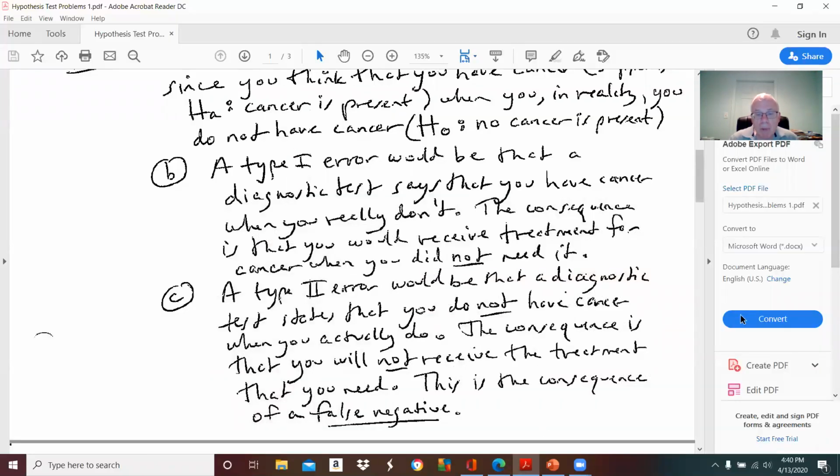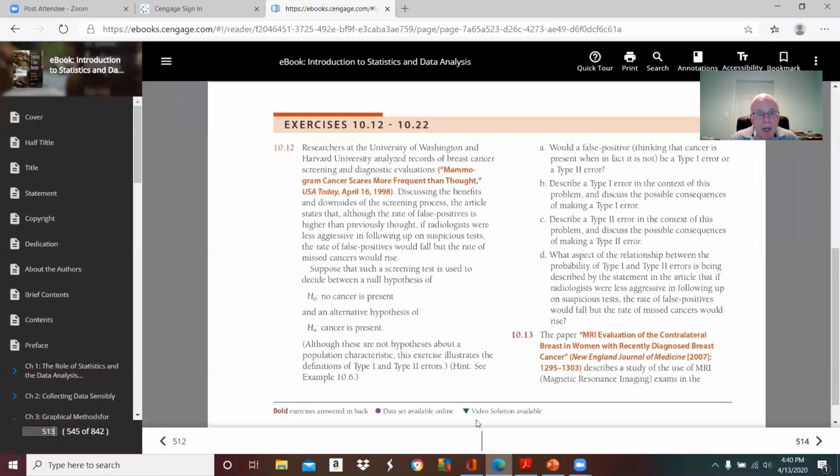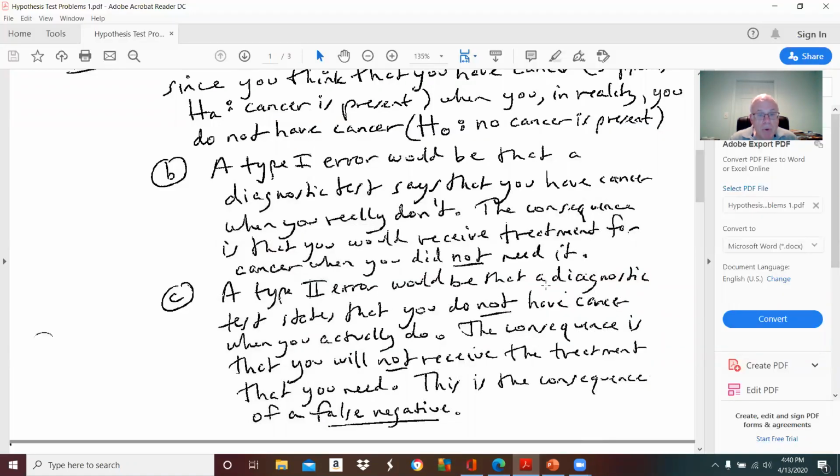Type 2 error, now if we go back to the problem, type 2 error would be what? Would be concluding from our diagnostic test that the person doesn't have cancer when in reality they do have cancer. So type 2 error would be that a diagnostic test states that you do not have cancer when you actually do. The consequence is that you do not receive the treatment that you need, right? And by the way, this is called a false negative, right?